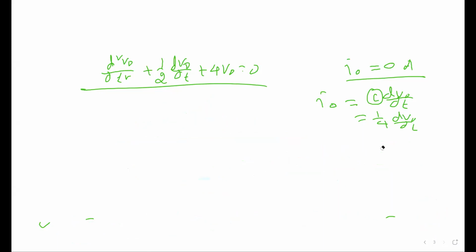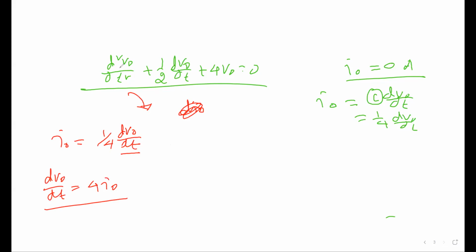That conversion can be done in this way: we have one equation already known, that I0 equal to 1 by 4 dV0 divided by dt, or dV0 divided by dt equal to 4I0.